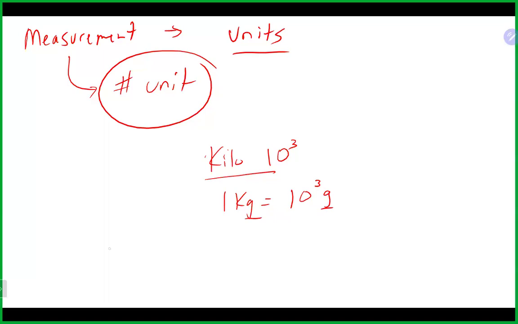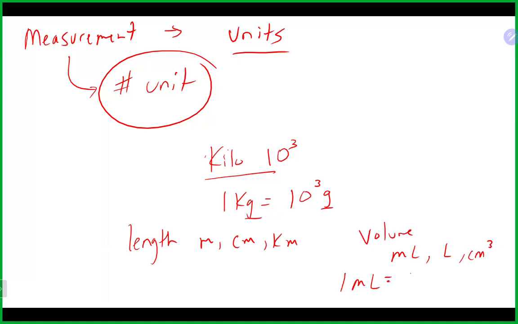We talked about some units of length, where meters, centimeters, and kilometers are very common units that are used. We also talked about volume, and milliliters, liters, and cubic centimeters are also very common units that we come across here in chemistry. A reminder that a milliliter is equal to a cubic centimeter. It is a one-to-one relationship between those.